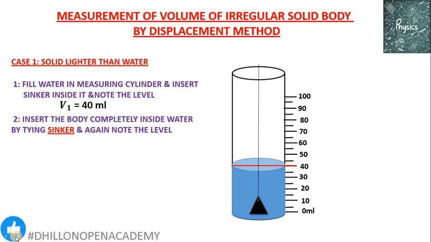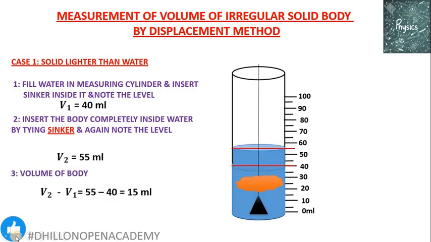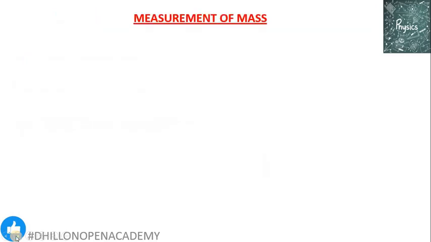Now we will attach the body with the sinker, and again we will place them inside the water, which is further going to raise the level of the water, and we find the new level, which in this case comes out to be 55 ml. In this case, the volume of the body is 50 ml.